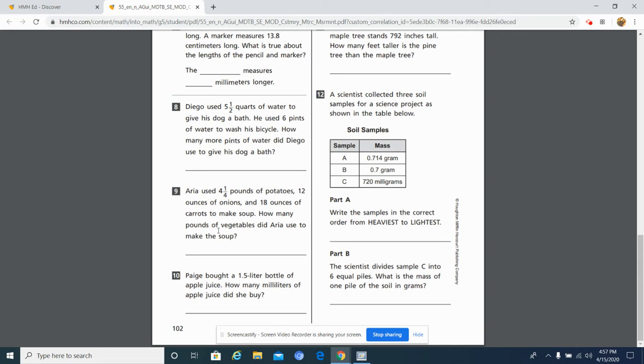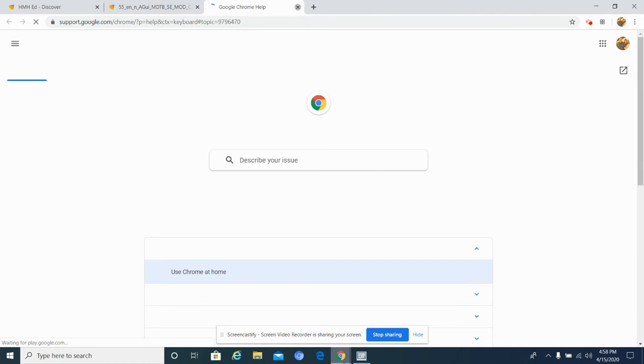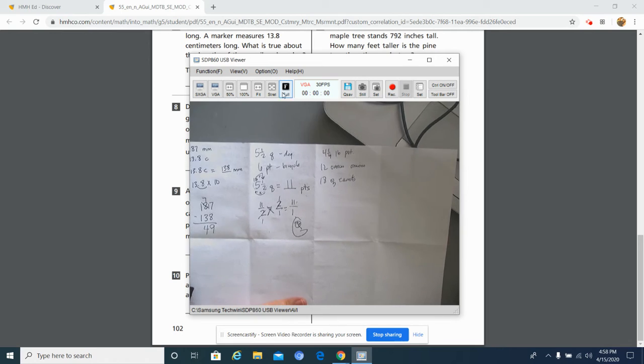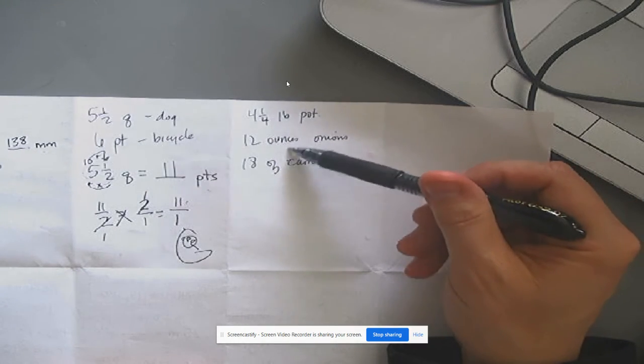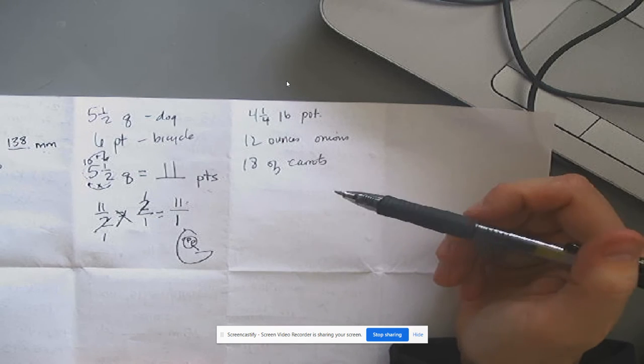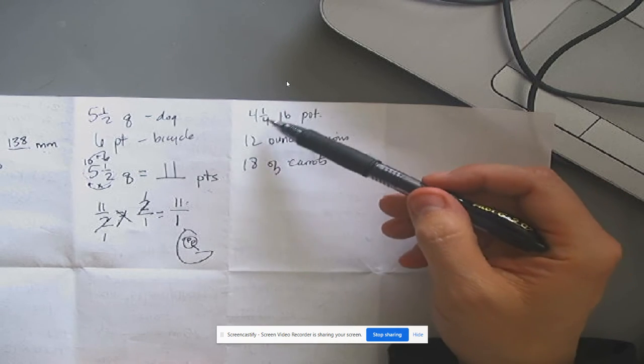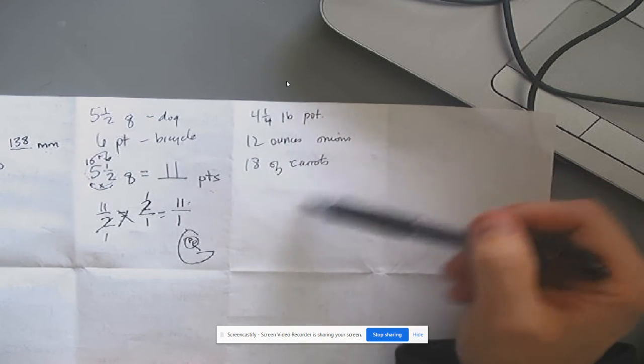How many pounds of vegetables did Aria use to make the soup? Okay, so it looks like we are going to have to change these ounces into pounds, or we could change the pounds into ounces and then have to change back.